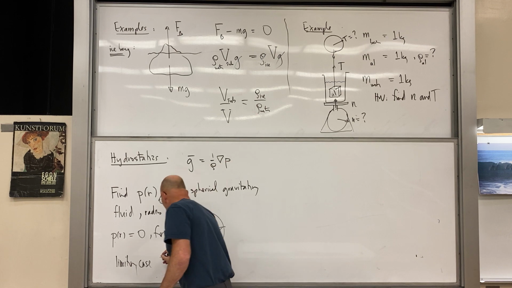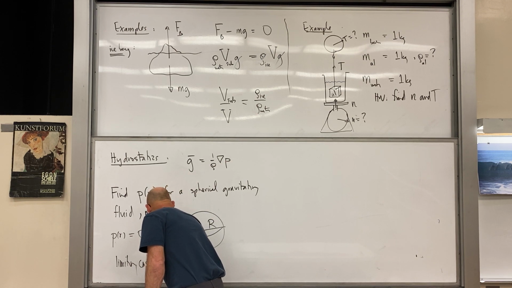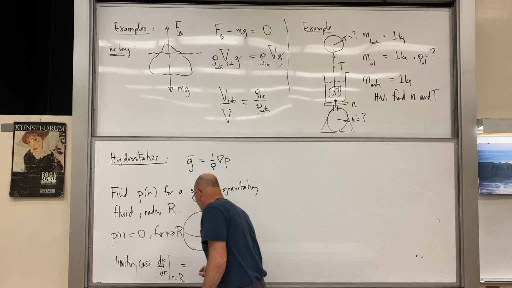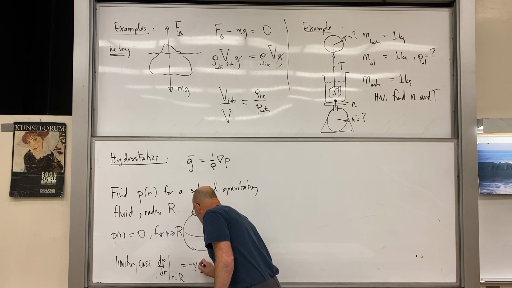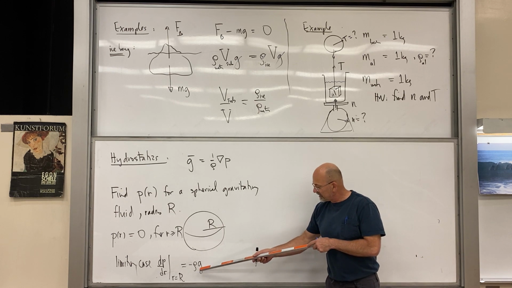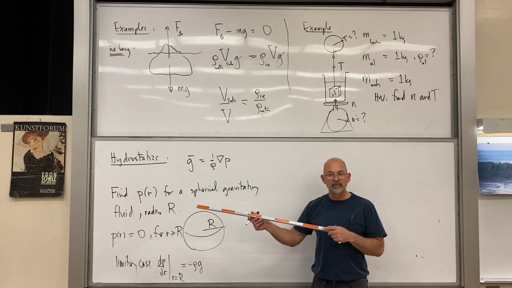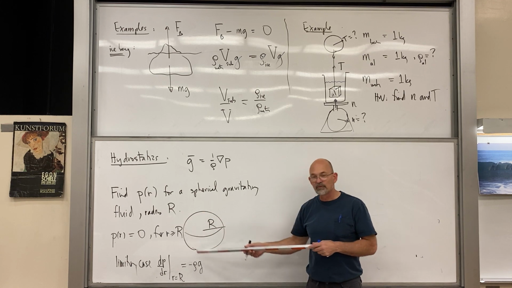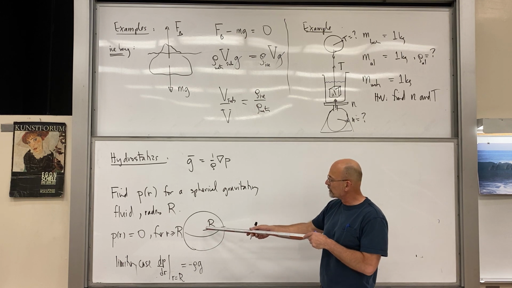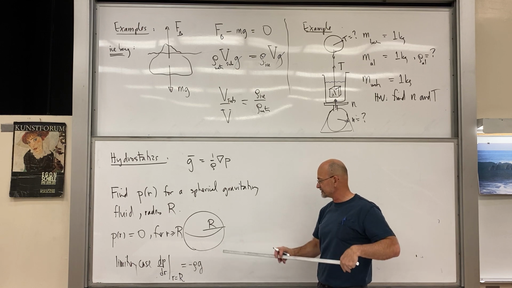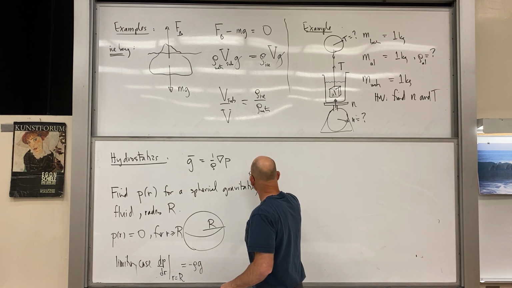So the limiting case should be that dP/dr evaluated at the surface should just be minus rho times g. And g will be the gravitational acceleration that we know from studying gravity for an entire uniform density distribution. So for the total mass, same expression you have when all the mass is concentrated at the center.